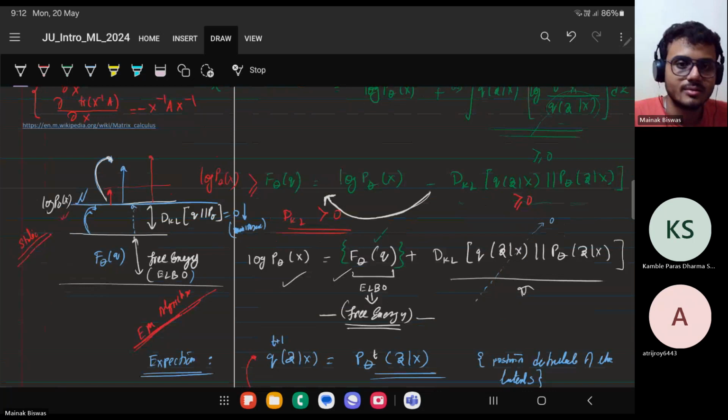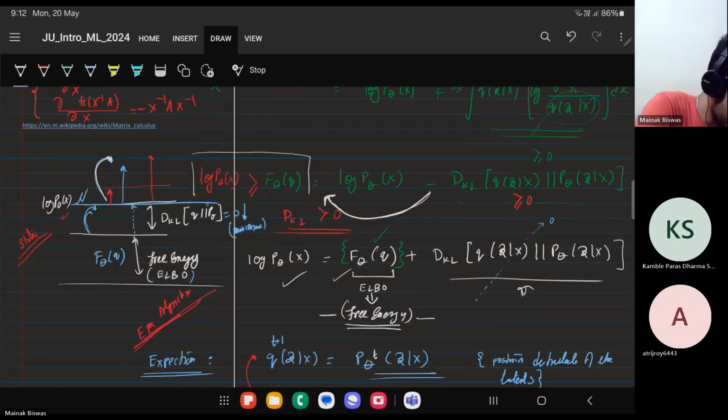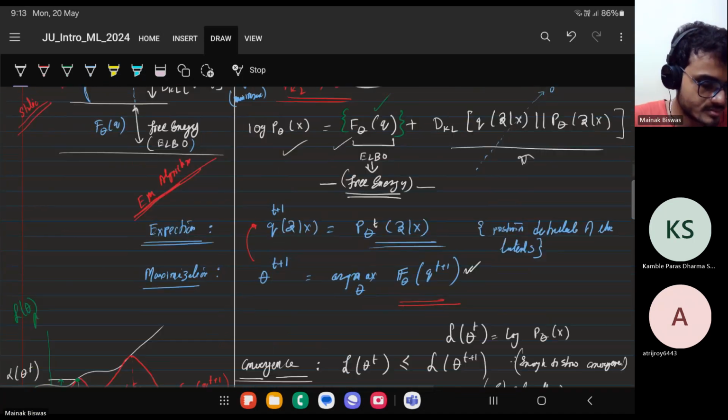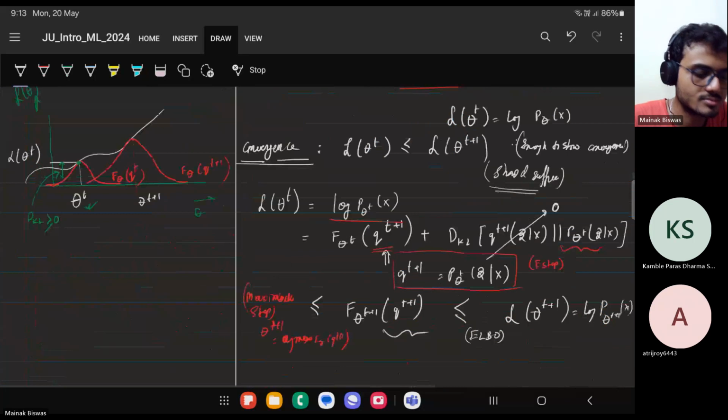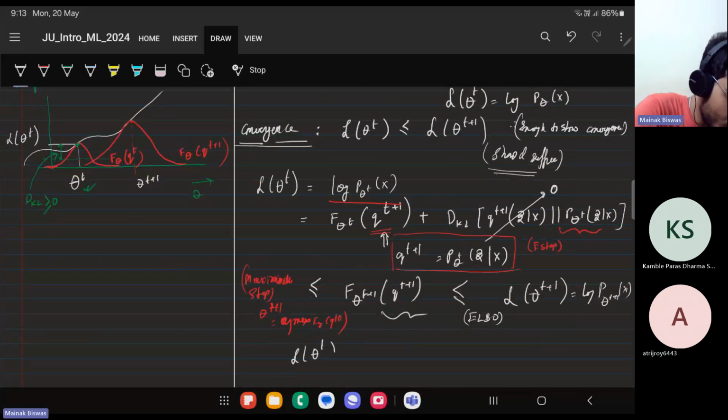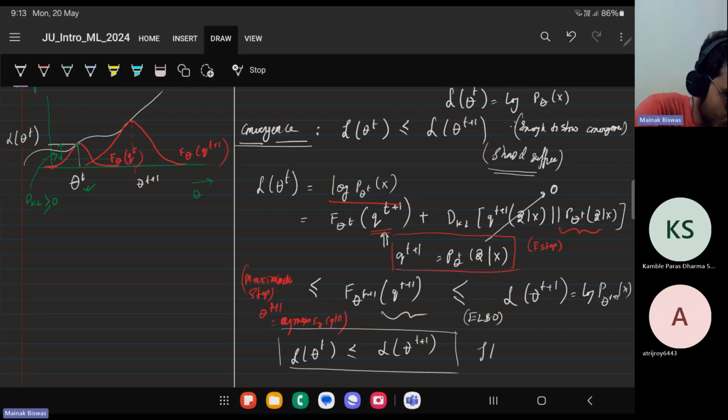For any q, we have shown this, right? The ELBO has to be always less than or equal to the log likelihood. Clear? So we showed that L of theta t is less than or equal to L of theta t plus 1. Hence proved.